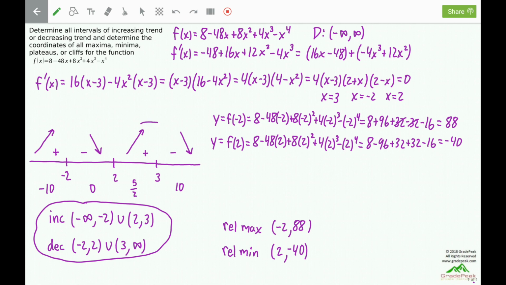The last critical number, x equals 3, has a trend increasing on the left, decreasing on the right. That again is a relative maximum.